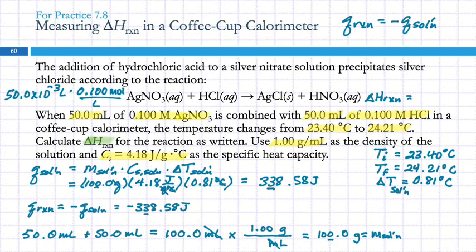So I'm going to divide by the moles, 0.00500 moles. So negative 338 divided by 0.005 is going to give me negative 67716 joules per mole with 2 significant figures.